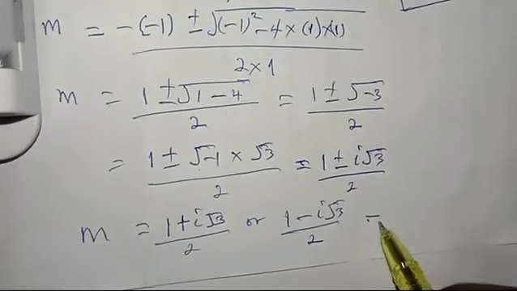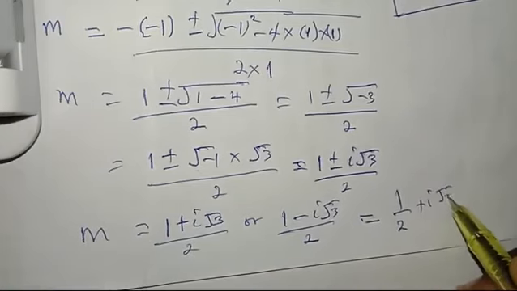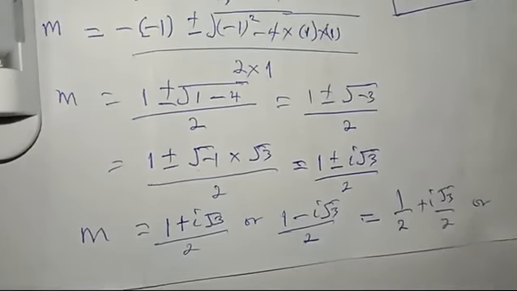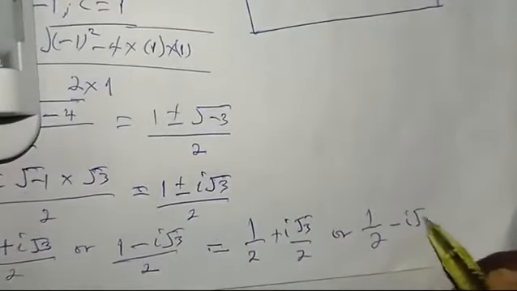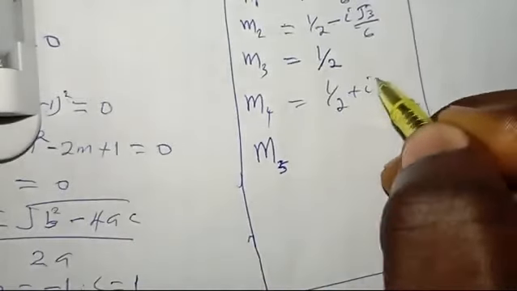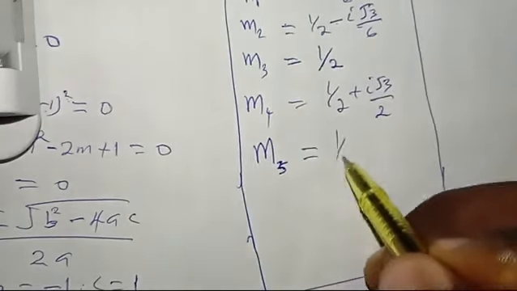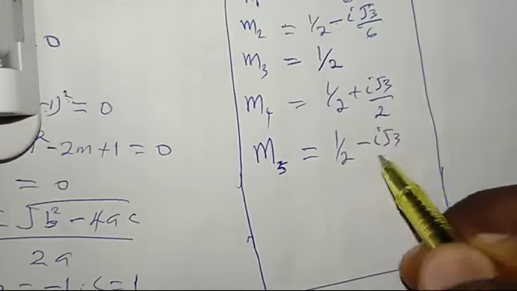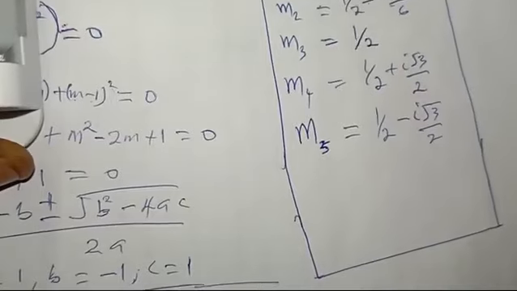Of course I can also rewrite all of this as 1 over 2 plus i root 3 divided by 2, or 1 over 2 minus i root 3 divided by 2. So let me just put it right here. So we have 1 over 2 plus i root 3 divided by 2, and then this one, 1 over 2 minus i root 3 divided by 2. So these are the 5 values of m which we've gotten that satisfy the equation we are solving.